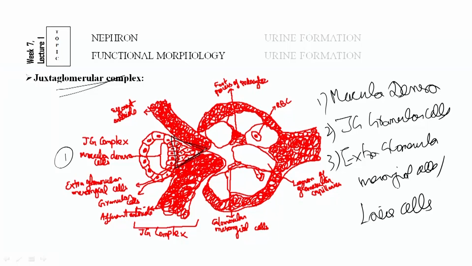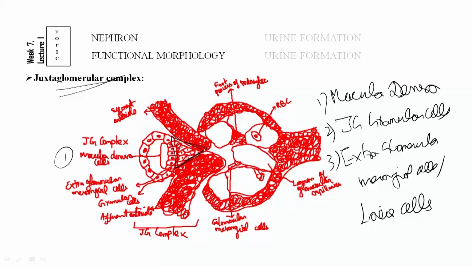Already I told you about the mesangial cells. Now these mesangial cells are located outside of the glomerulus. Due to that reason they are called extraglomerular mesangial cells. So these extraglomerular mesangial cells are present in the space between the macula densa cells and the afferent arteriole and efferent arteriole junction.